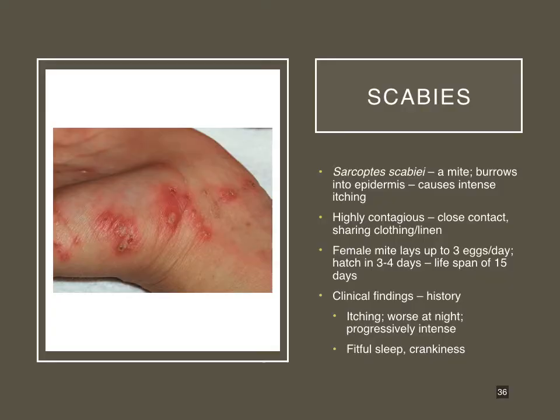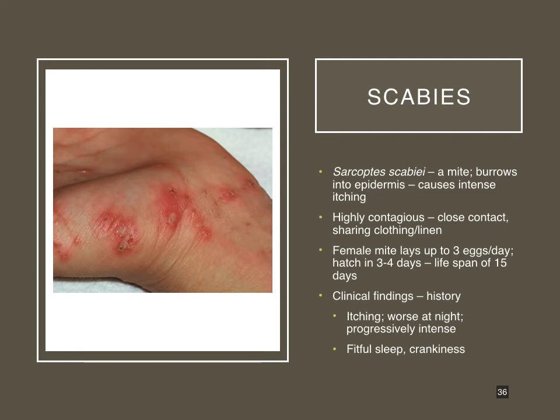So another infestation that you may see, that I've seen a few times in kids, is scabies. Scabies is the result of a mite burrowing into the epidermis, and this causes intense itching. The itching is usually worse at night. The location of the scabies really depends on the age of the child.